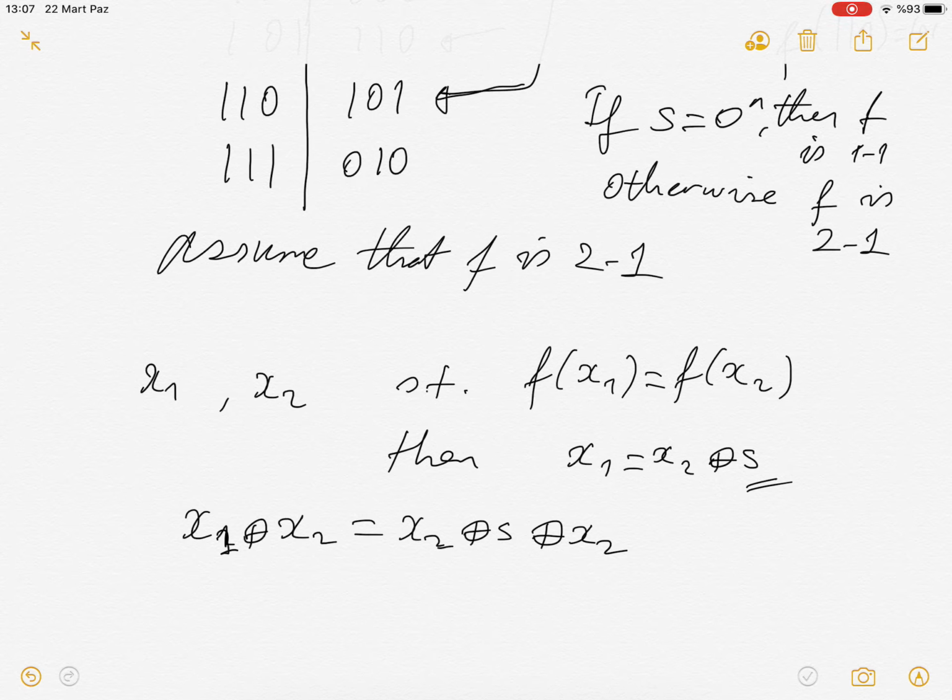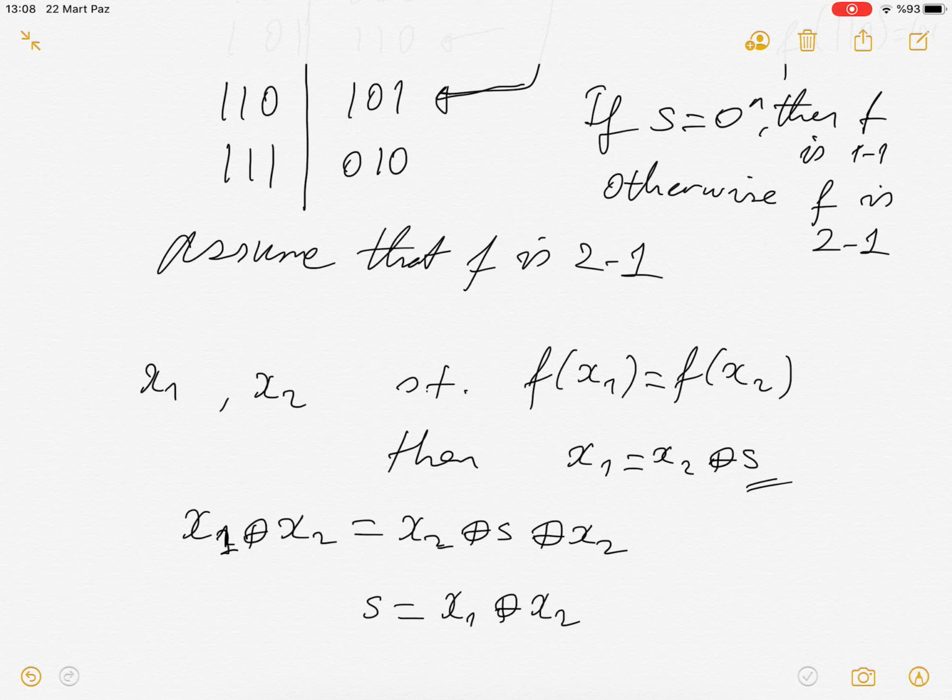But then these two x2 cancel each other, since x2 XOR x2 is equal to 0. And what we are left with is s equal to x1 XOR x2.